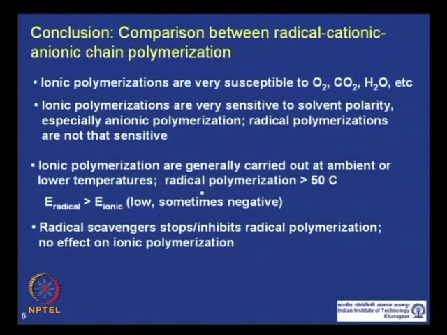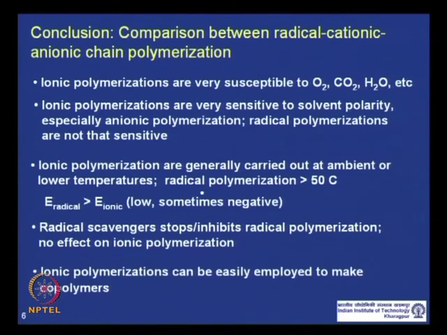And it is obvious that radical scavengers stop or inhibit radical polymerization, whereas they have no effect on ionic polymerization. And this is why you take the trouble of all these reaction conditions for ionic polymerization.